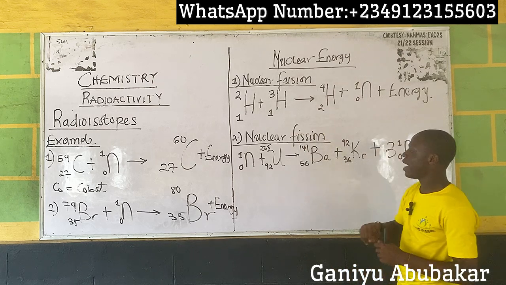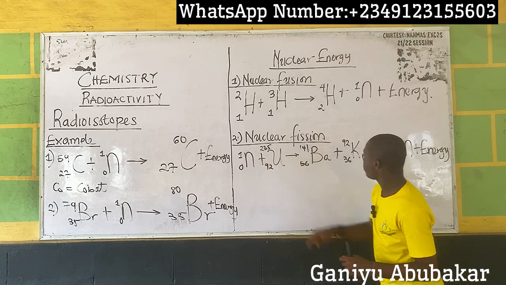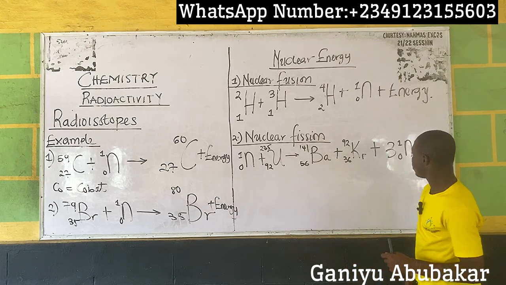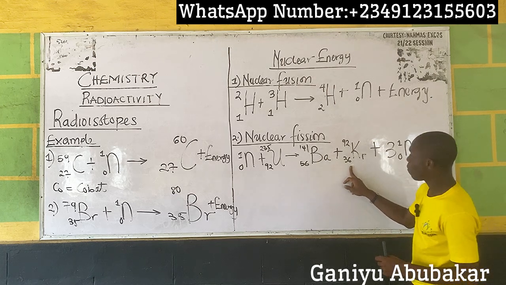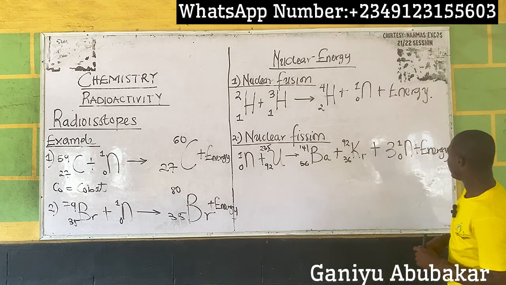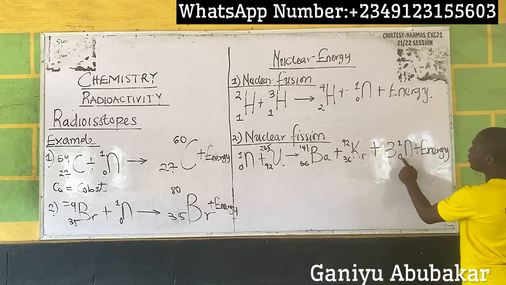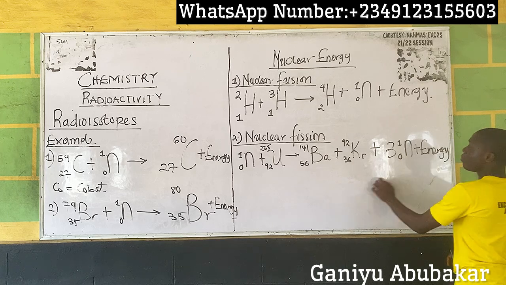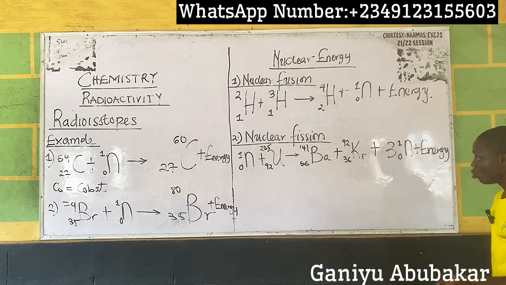For this one here, I have 0 plus 92 gives 92. This one plus 1 gives you 236, right? So 56 plus 36 gives you 92. Similarly, 3 times 0 is 0, so that becomes 0 plus 36 plus 56 gives you 92.